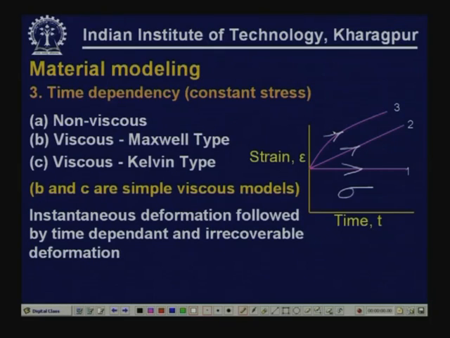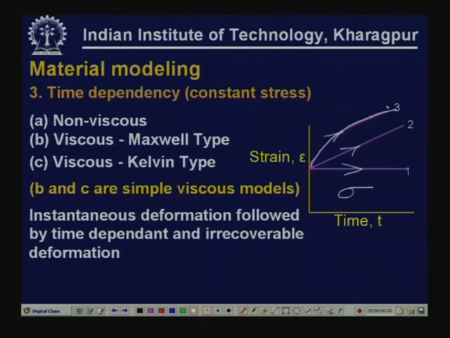Depending on the relationship between strain and time, if it is a linear relationship, this is a linearly viscous material. If it is a non-linear relationship between strain and time, that is a non-linearly viscous material. So, you have either a non-viscous material where the strain is not a function of time, or you have viscous material where the strain for a constant load, constant stress is a function of time. That variation can be linear, non-linear.